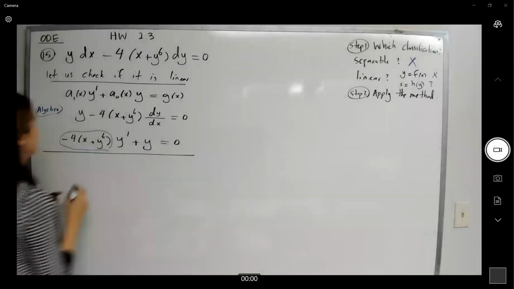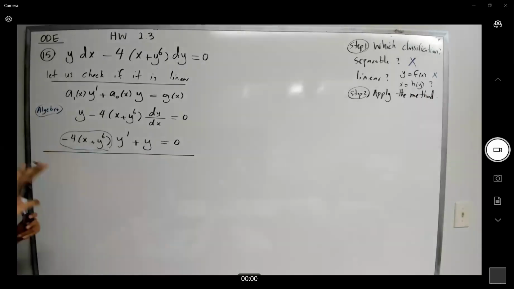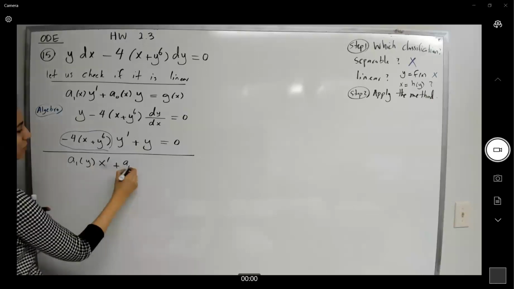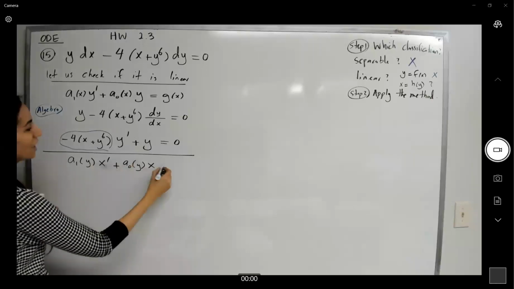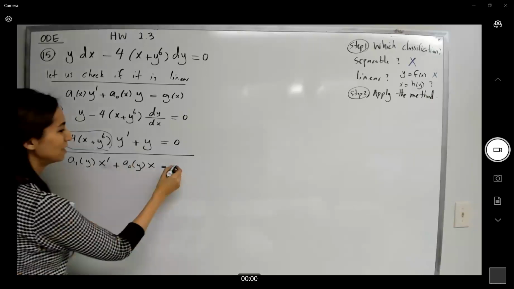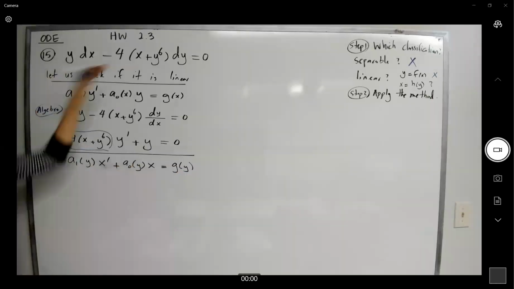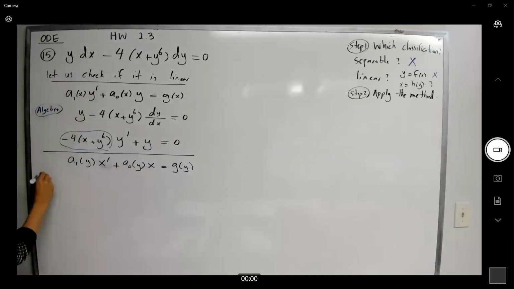Let's do the algebra. Our goal is to try to write it as a sub 1 of y times x prime plus a sub 0 of y times x equals a function of y. Let's see. If we divide everything by dy, what do you get?